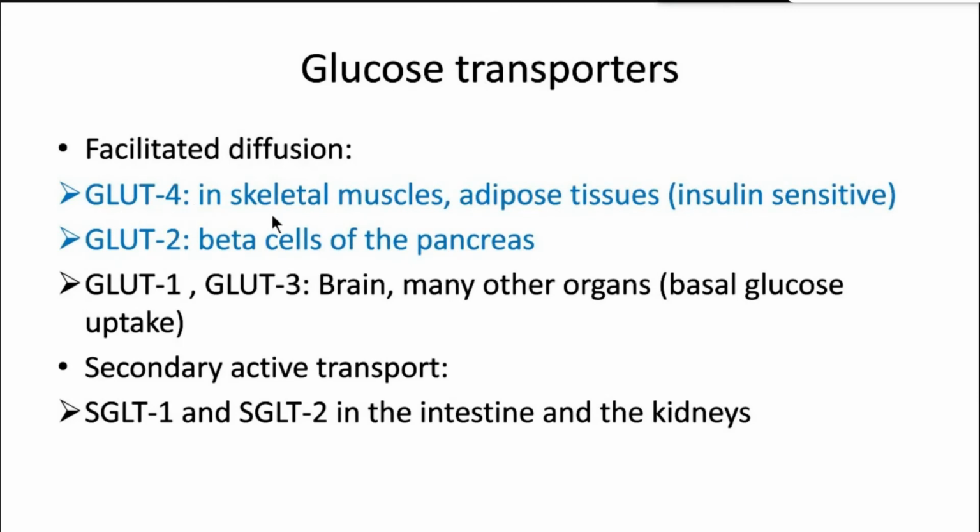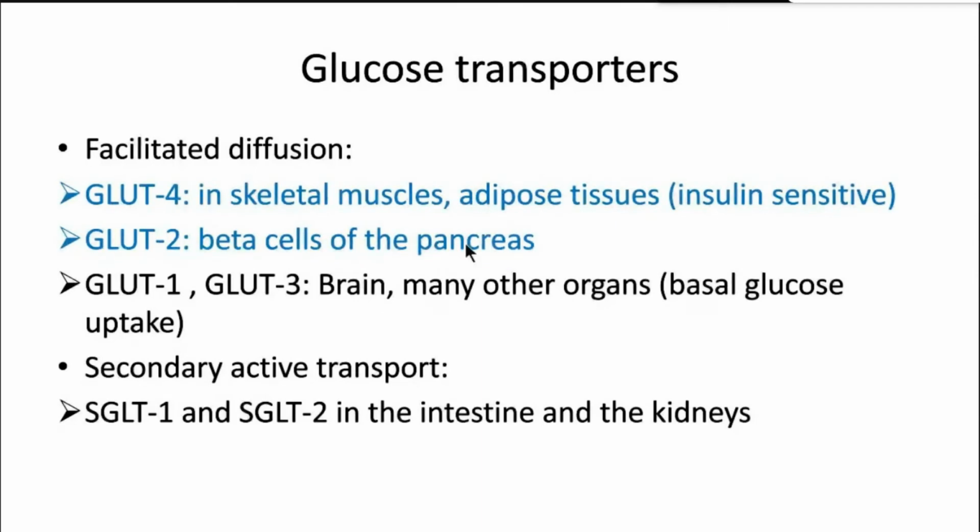GLUT4 is found in skeletal muscles and adipose tissues, and we know they are insulin sensitive. That means their numbers in the cell membrane increase with the level of insulin in the skeletal muscles and adipose tissues. And GLUT2, as Sudeep just mentioned, is found in the beta cells of the pancreas. It has a role related to insulin.